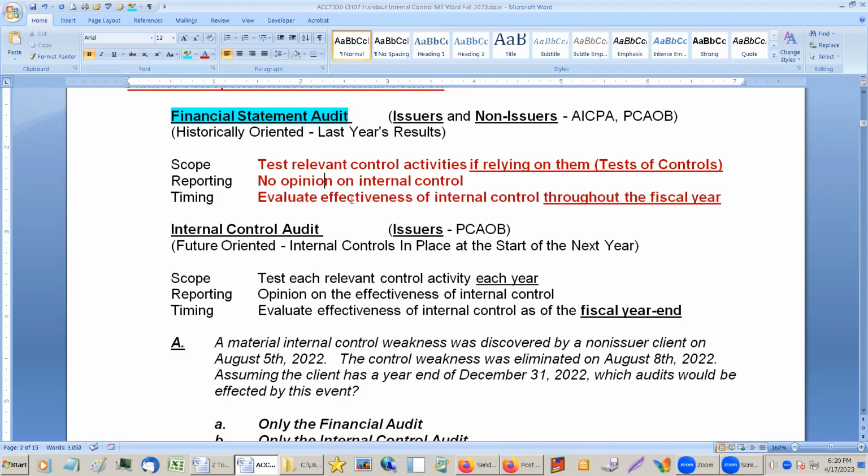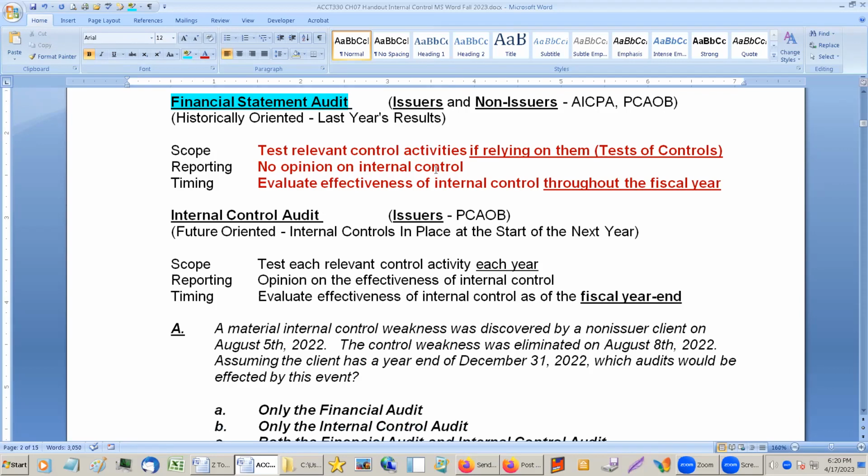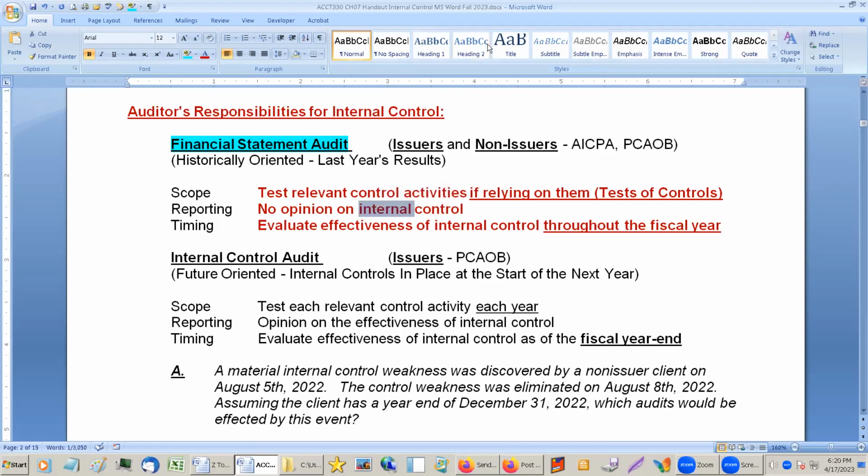And so let me explain that one a little bit. If there was a control problem in March, let's say there was some control that was not working, and maybe the client found it, and maybe they told you right away, hey, we just found out that this control was not in place, and we corrected it now.